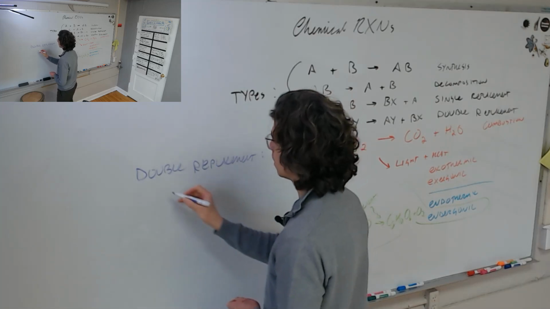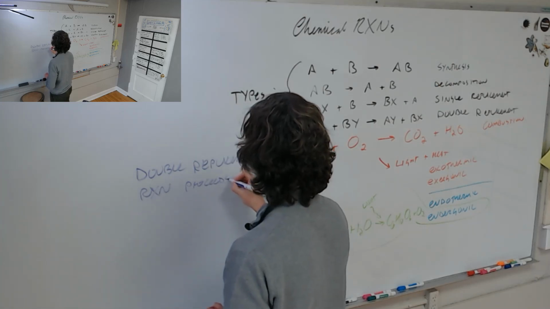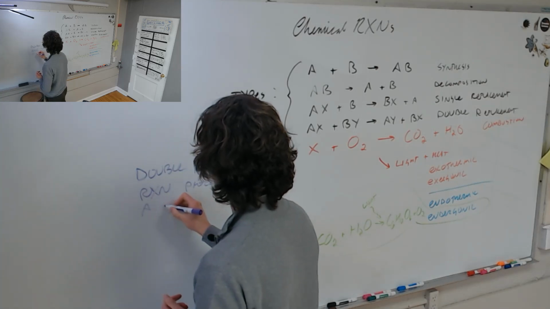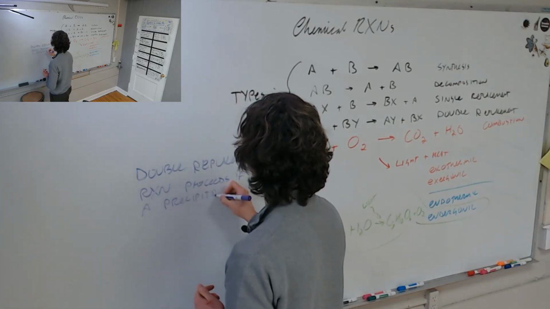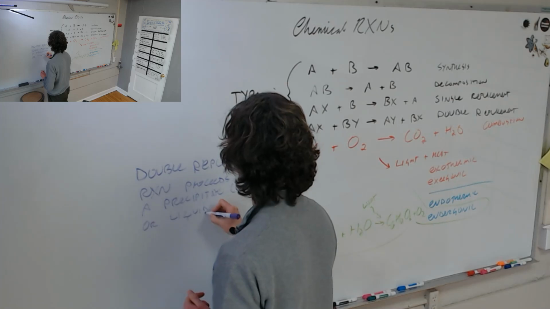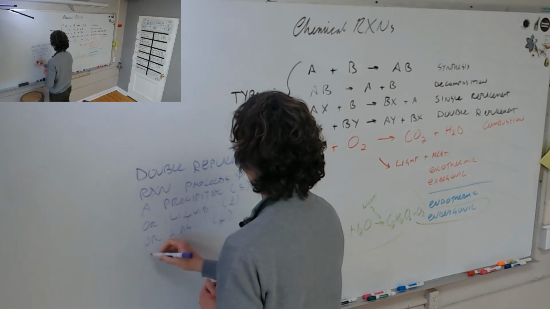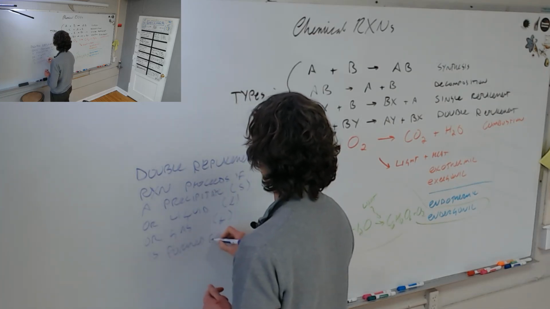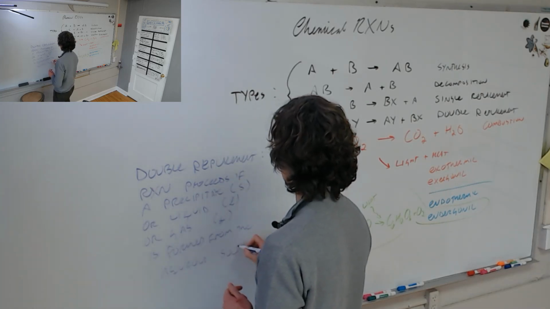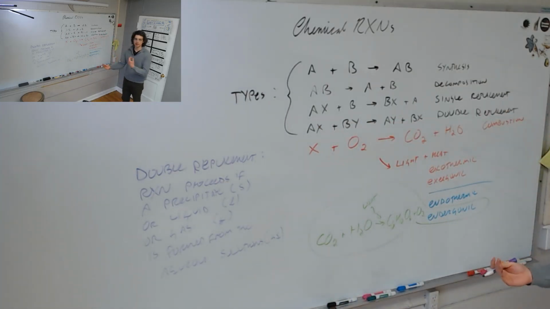With double replacement, the reaction proceeds if a precipitate, which is a solid, or liquid, or gas, is formed from the aqueous solutions. So in a double displacement reaction, we're almost always combining two aqueous solutions.